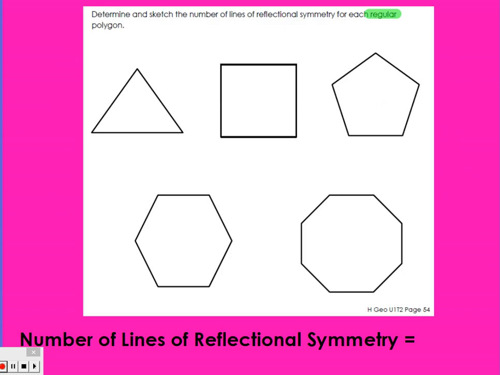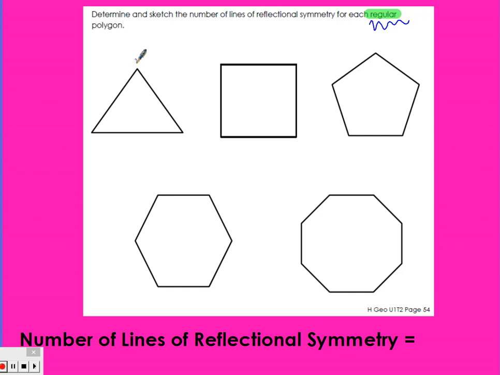So, determine and sketch the number of lines of reflectional symmetry for each regular polygon. Notice the word regular. If you forgot what that means, look back in your notes and remind yourself, what does it mean if it's regular? Okay, so we're supposed to sketch the reflectional symmetry.